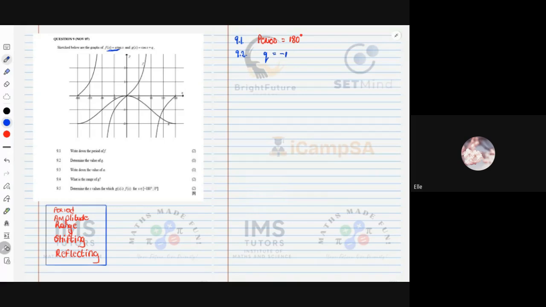And now we're asked to write down the value of a for the tangent function. So we are looking for the amplitude of the tangent function.